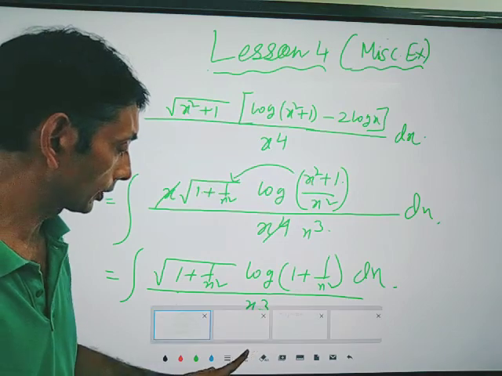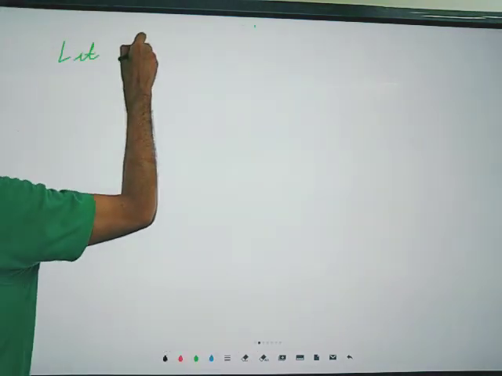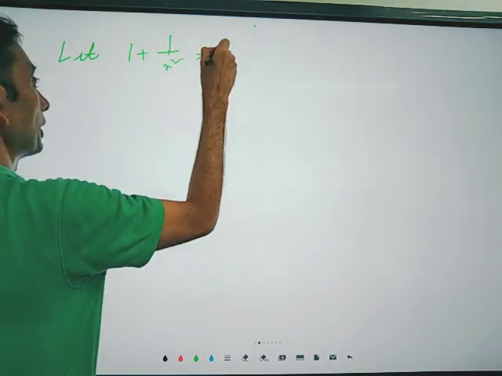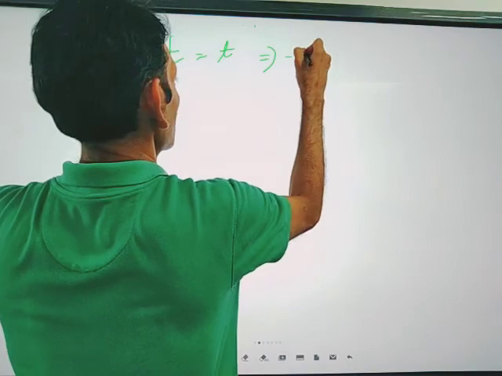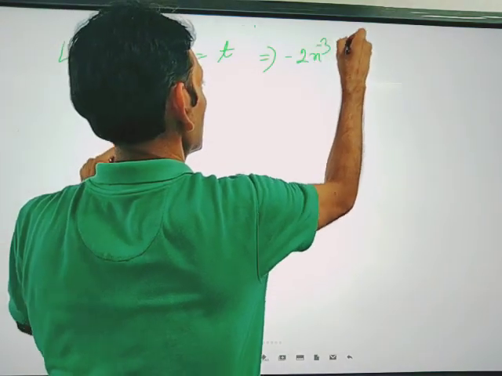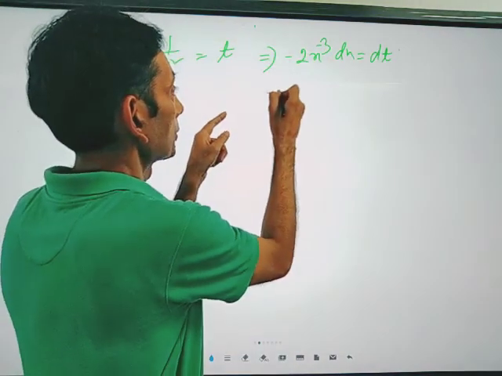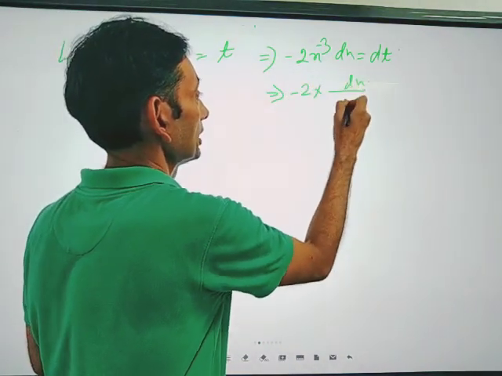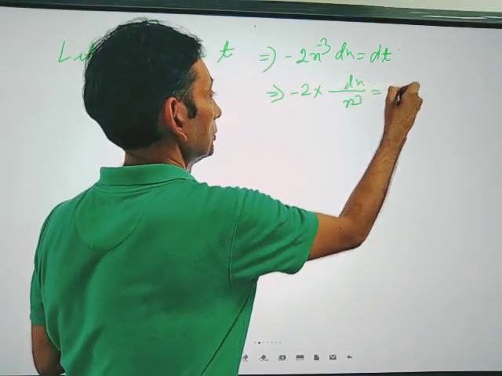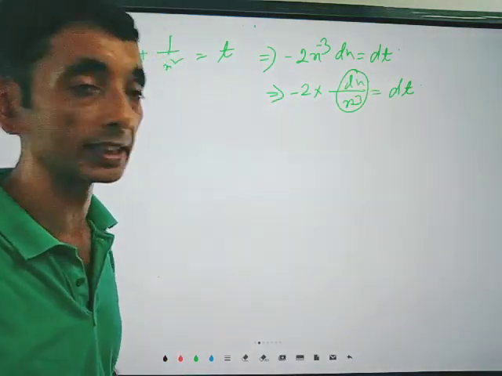The next step is that we are going to substitute 1 plus 1 by x squared as t. Let 1 plus 1 by x squared be equal to t. If we differentiate this, we get minus 2 x to the power minus 3 dx equals dt. So we can write dx by x cubed equal to dt by minus 2.